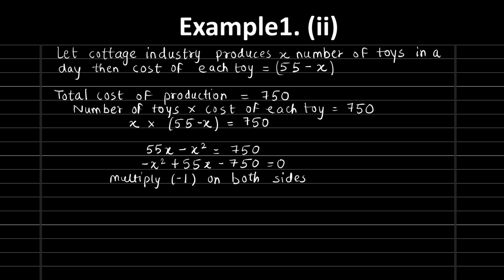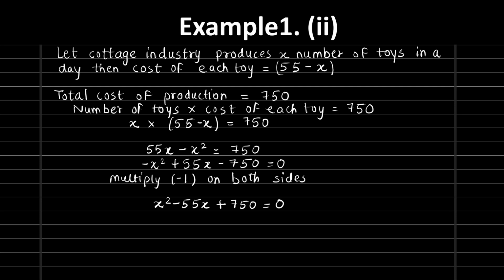On doing so, we will get the equation as minus 1 into minus X square, that will be plus X square, minus 1 into 55X, minus 55X, and minus 1 into minus 750, so it would be plus 750 equal to 0 into minus 1, 0.